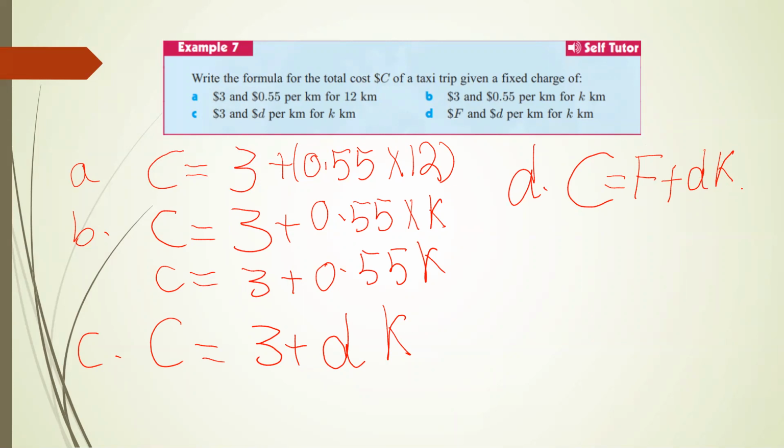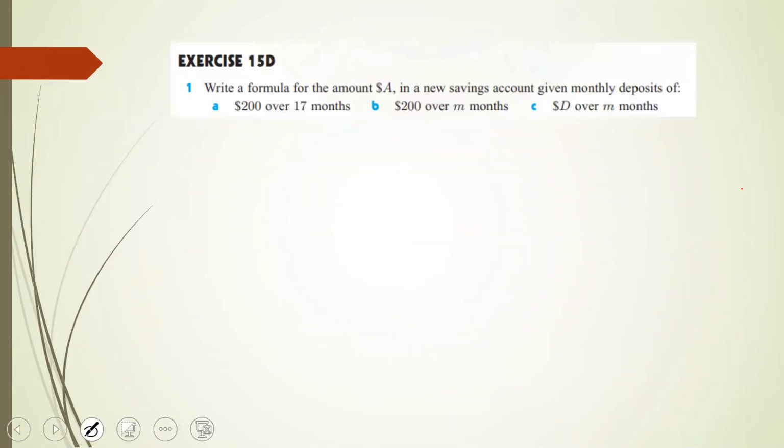Let's move to the next example. In this example from our booklet, write a formula for A, the total amount in a new savings account given monthly deposits of 200 in a month over 17 months.